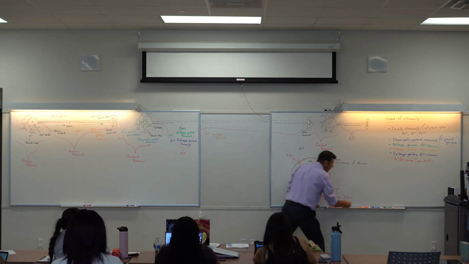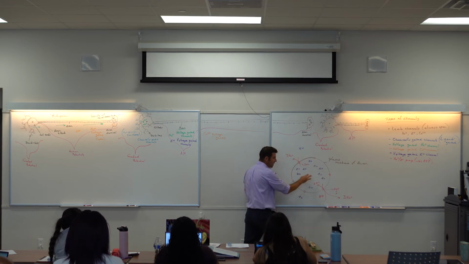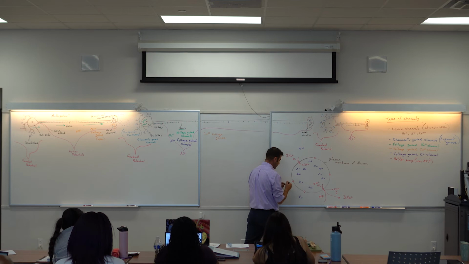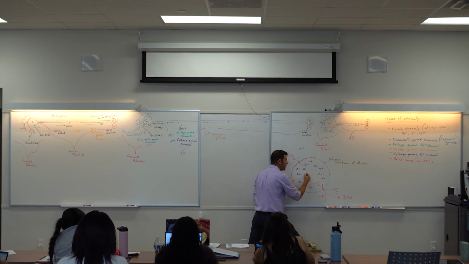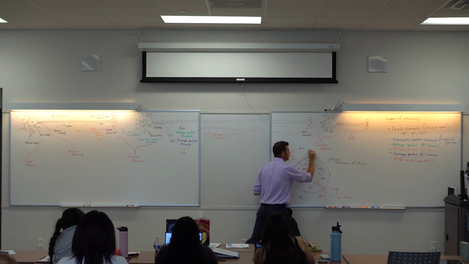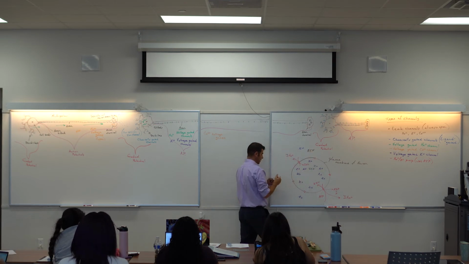Compared to the sodium ions, any sodium ion that happened to be in the cytoplasm of this cell, which since we have our plasma membrane listed, we can also put inside the cell, this is our intracellular fluid, or the cytoplasm of the cell. To the outside of the cell is our extracellular fluid.